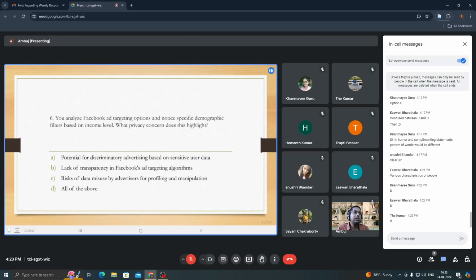Three people have answered D, but they have not told me why D. So do some more hard work since this is the last session. Try to use your fingers a little more and type why D. Otherwise, you can unmute yourself. No problem.